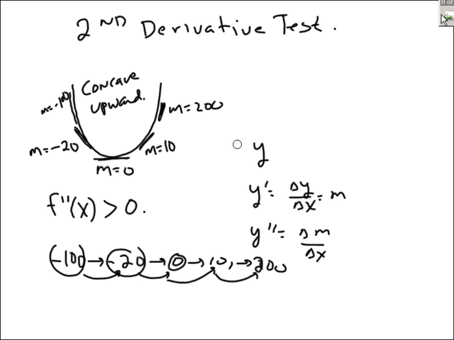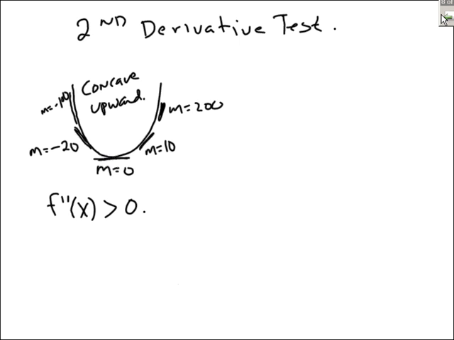Any graph that has a portion of what I just drew is said to be concave up, and the second derivative is positive. That curve, concave up. This curve, concave up. Any portion of this, doesn't matter how big, how small, this little portion, concave up.